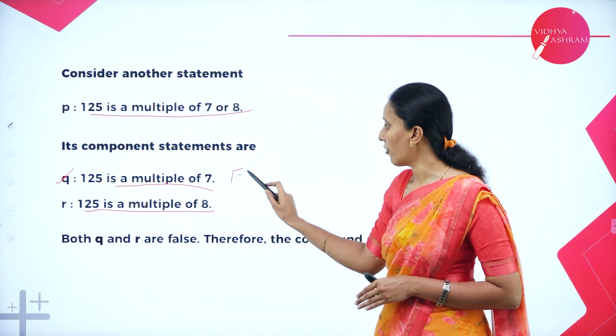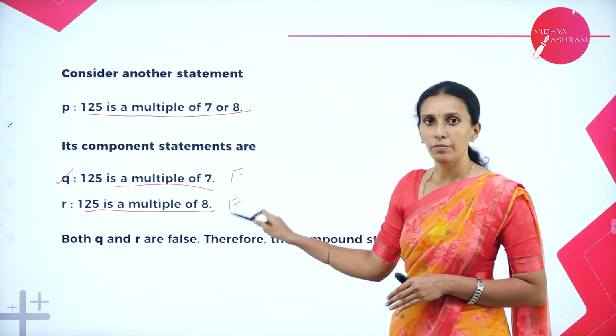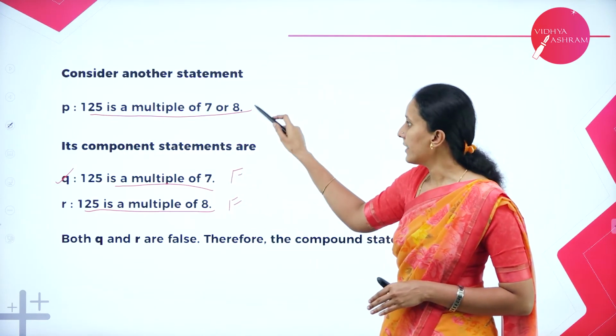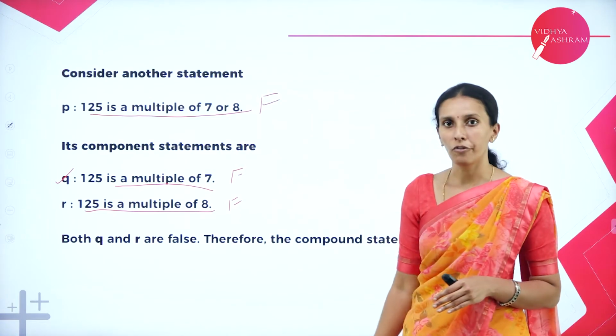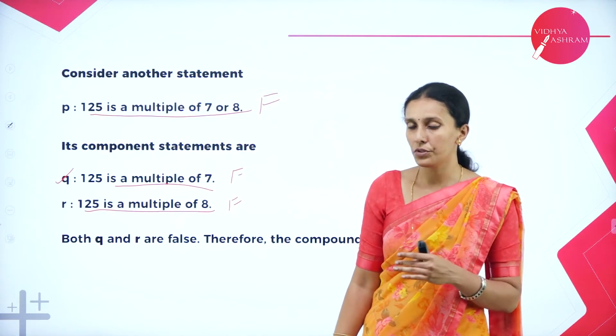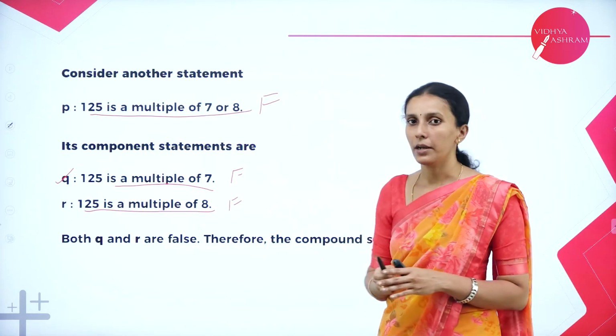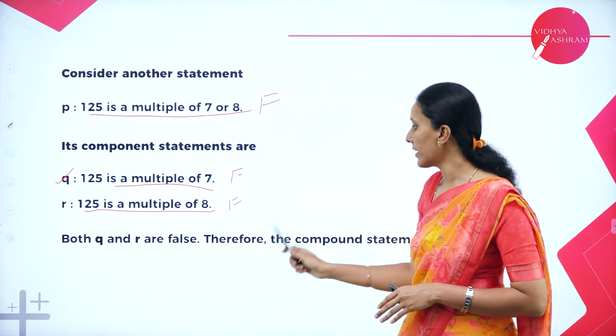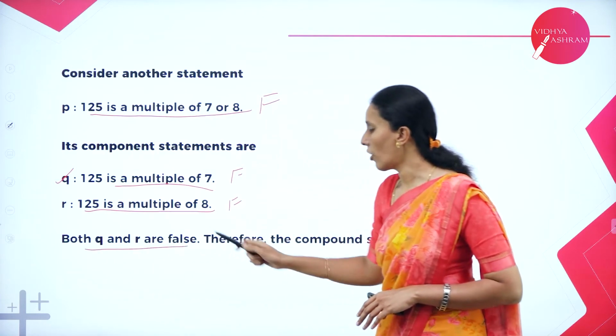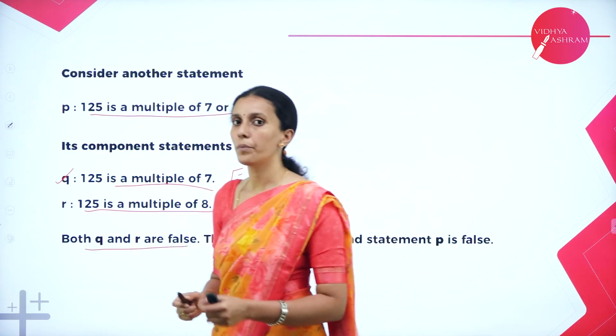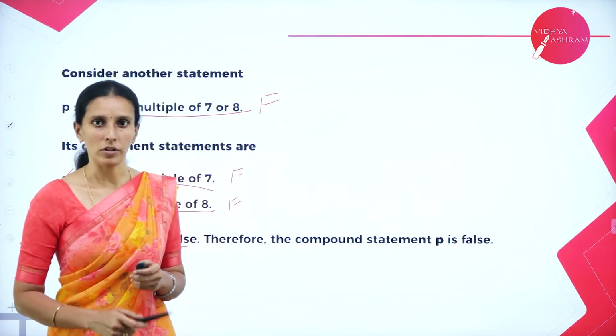Both statements are false. So if both the statements are false, clearly the compound statement is false, since the word or is used. Hence, I have concluded both Q and R are false. So therefore, the compound statement is also false.